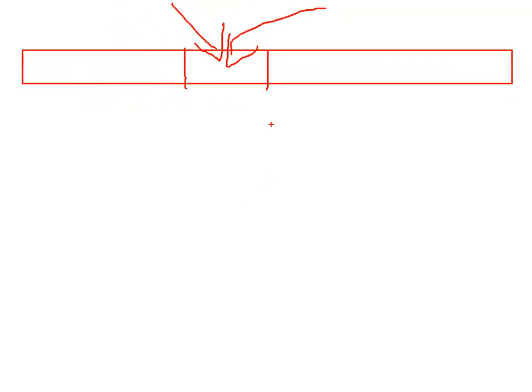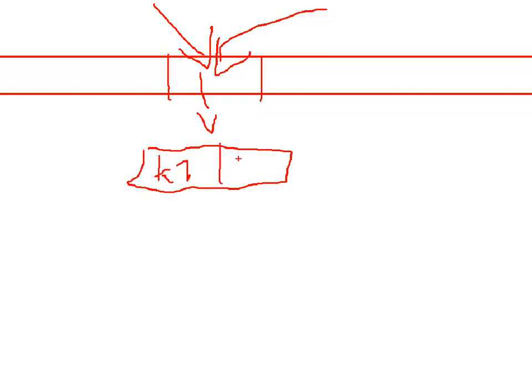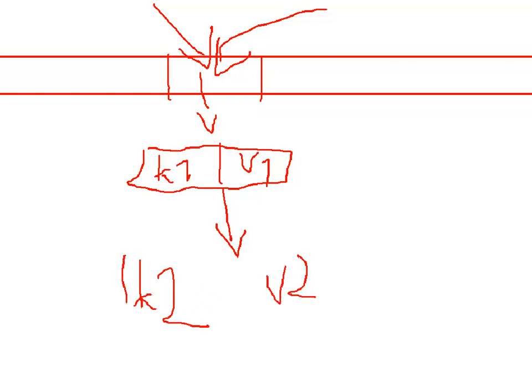If we have two key value pairs which map to the same position, we make a list which holds the first one. This is the first key value pair, K1 and its value V1, and it is connected to the next element, K2 and V2, meaning the second key and the second value.